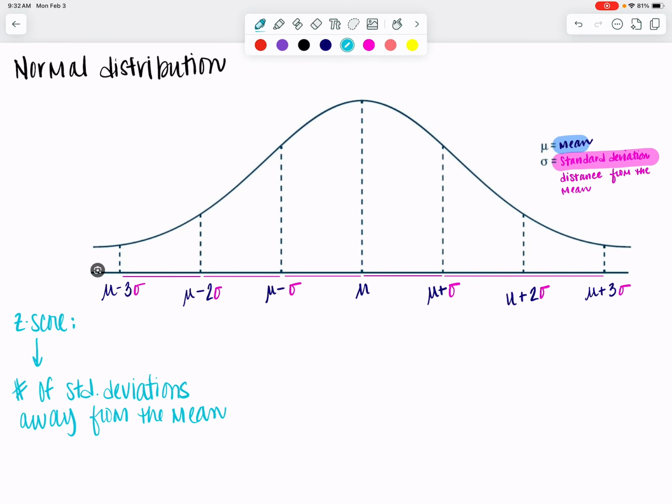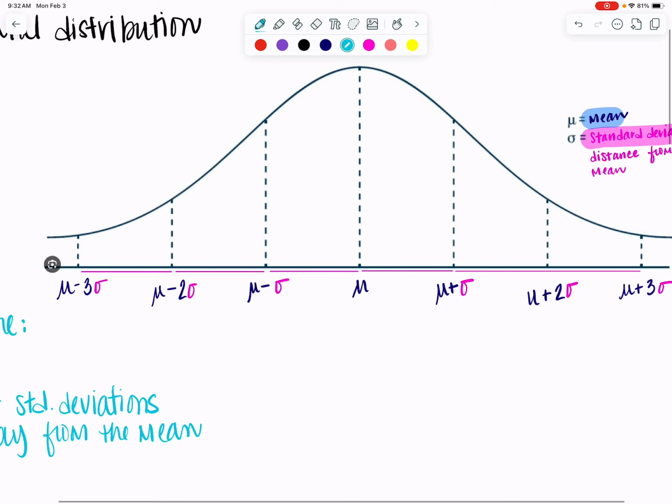All it does is it counts the sigmas. Well, mu, our average, doesn't have any sigmas. It has 0 sigmas, so its z-score is 0.